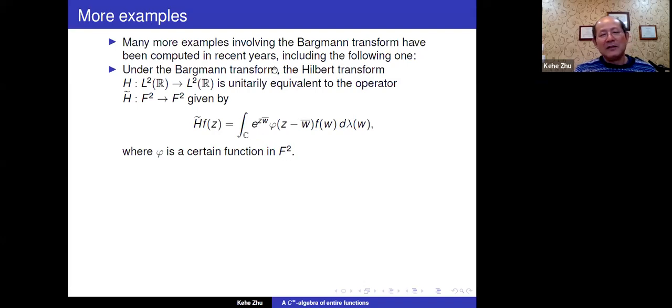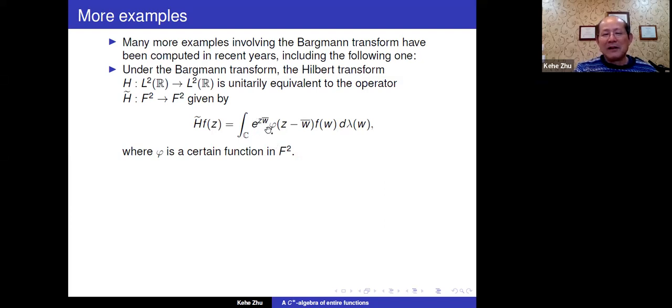So you see that the Hilbert transform as an operator on L2 is unitarily equivalent to this integral operator on the Fock space. Once I wrote this operator down, I was very much impressed. An integral operator like this on the Fock space looks very pretty. At least it looks very symmetric. It's not exactly symmetric, but it's symmetric in the complex sense.